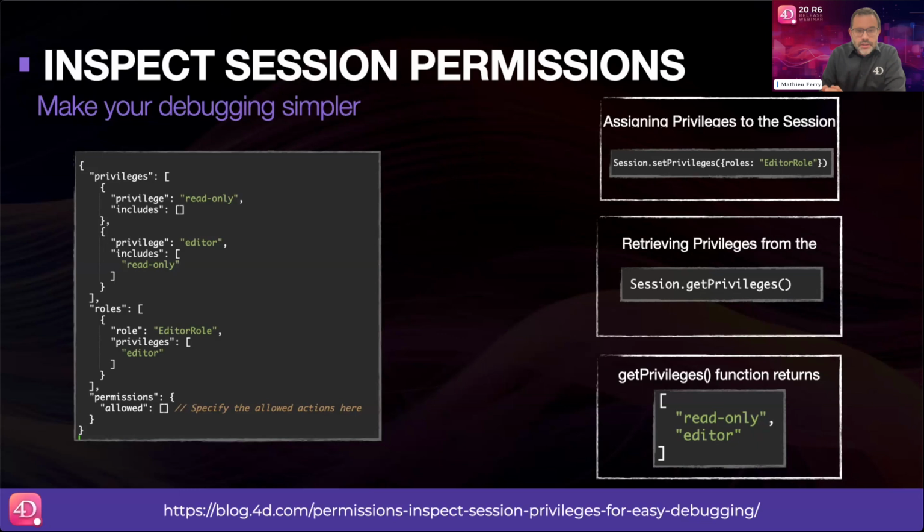So in our example, if the ds.authentify function assigned the editor role to the session, then the getPrivileges function returns read-only and editor, as you can see in the screenshot, based on the definition of the privileges in the roles.json file. So this is very useful for debugging, to know which privileges your session has, but it can also be used to adapt your application's behavior according to the session privileges.